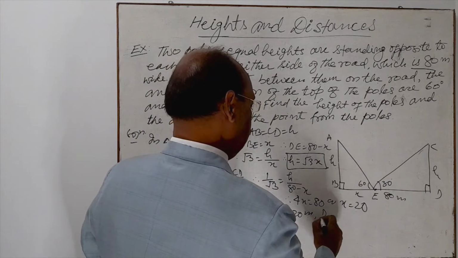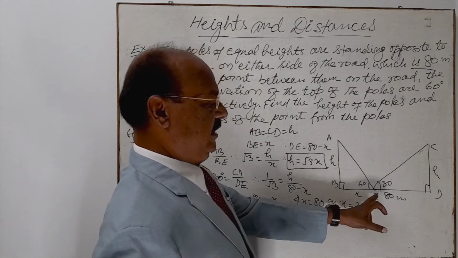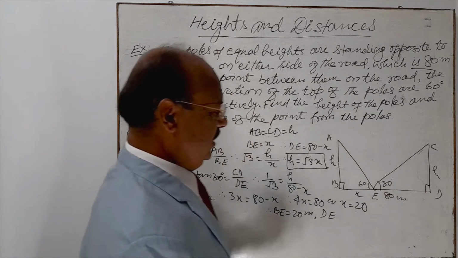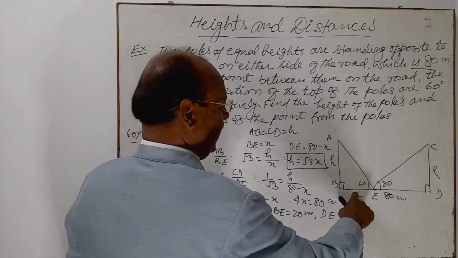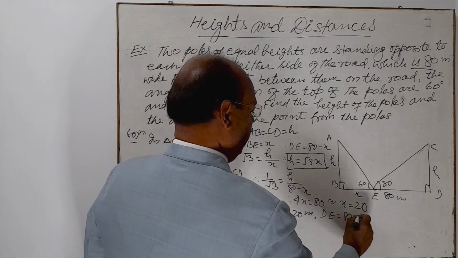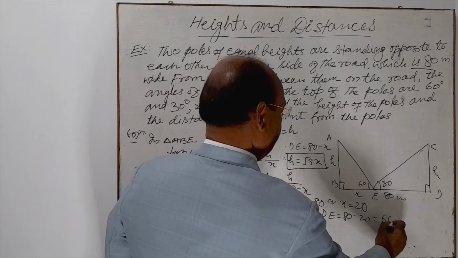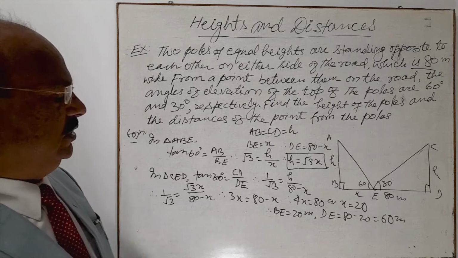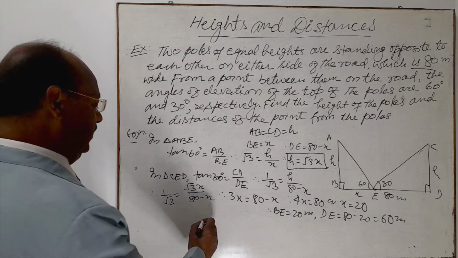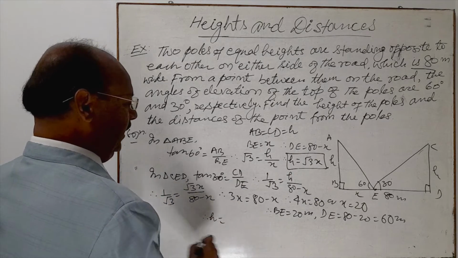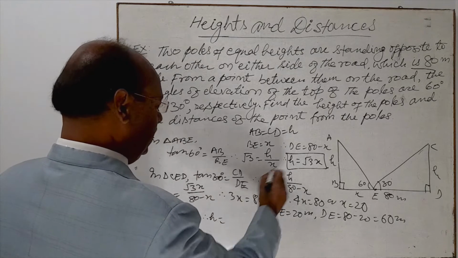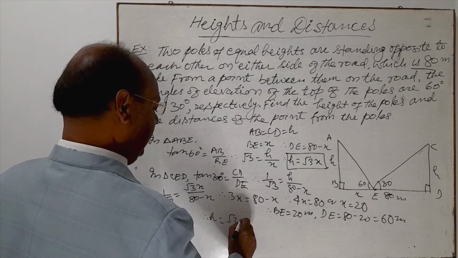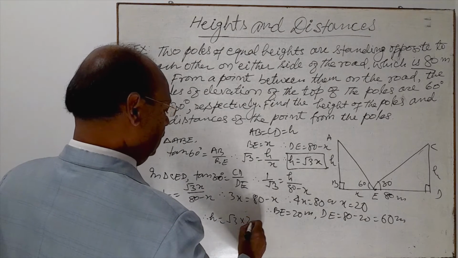DE is equal to distance of the point E from this pole, means DE is equal to 80 minus 20, which is 60 meter. And we have to find out height of the pole, and therefore height of the pole h is equal to root 3 times of x, means root 3 times of 20.